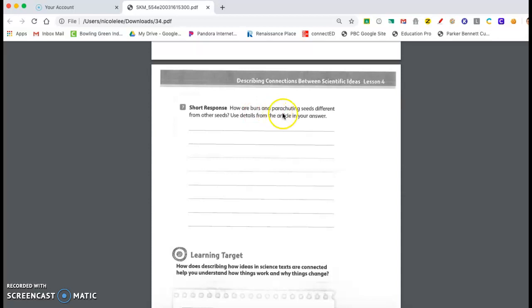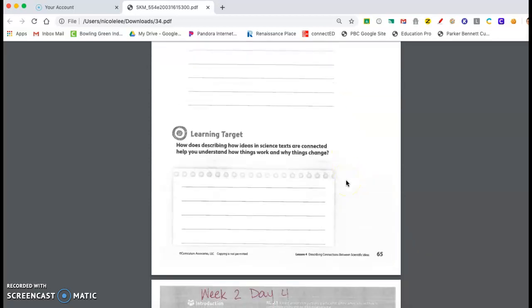Burrs and parachuting seeds are different from other seeds because. That's how you would restate and begin your answer. And then you're going to use details from the article to prove that burrs and parachuting seeds are different from other types of seeds.